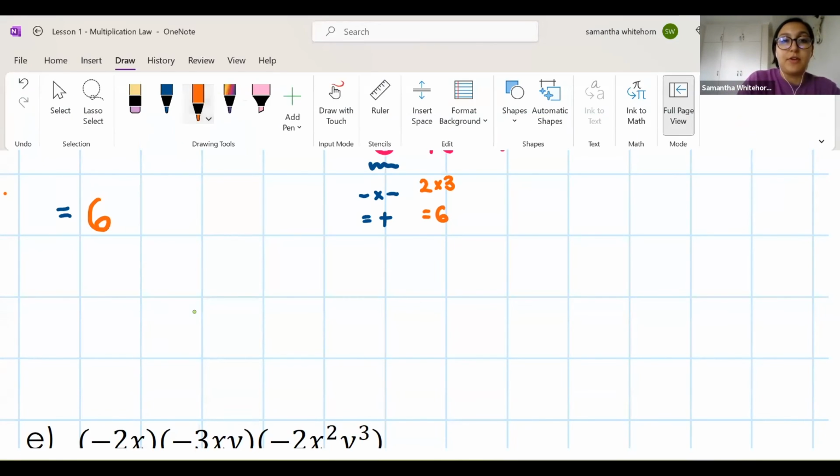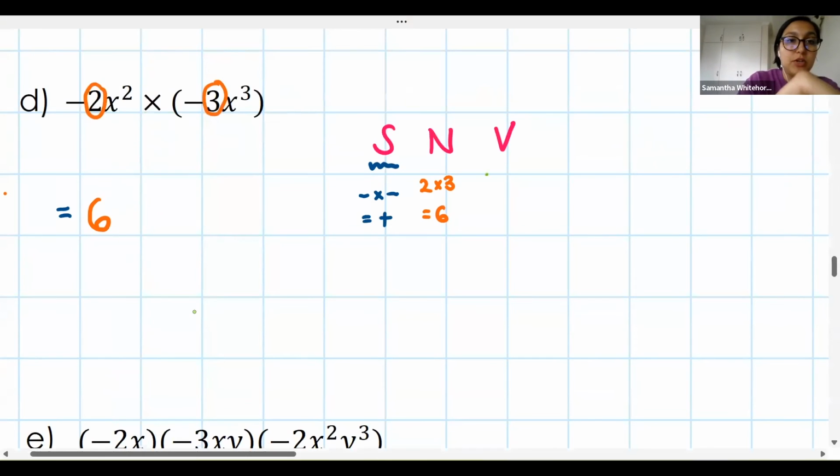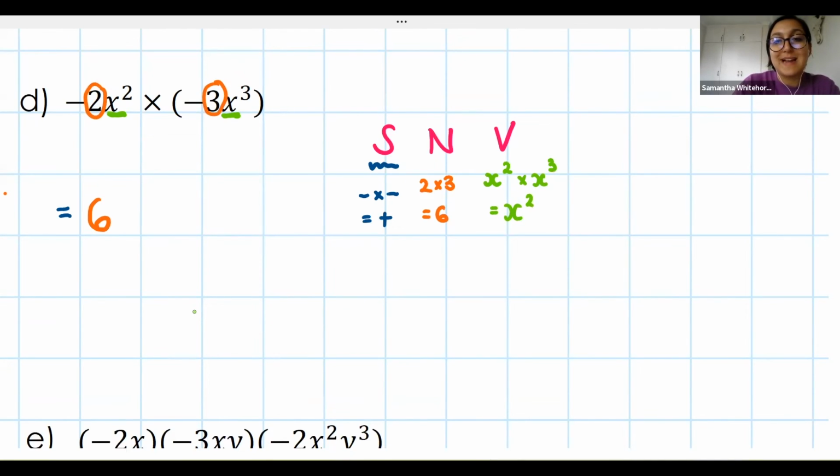Then finally, we deal with our variables. Now, the variables here, what you need to do is you need to make sure you've got the same bases. So here I've got a base of x, a base of x. That's all good. I can add my exponents. And so what I'm doing here is I'm saying x squared times x cubed. And we know according to our law, that means I can add the exponents 2 and 3 together.